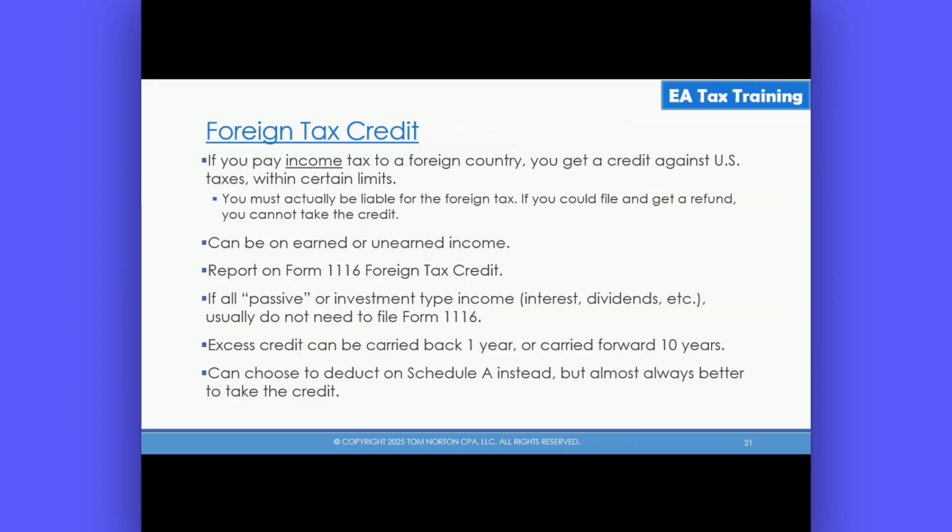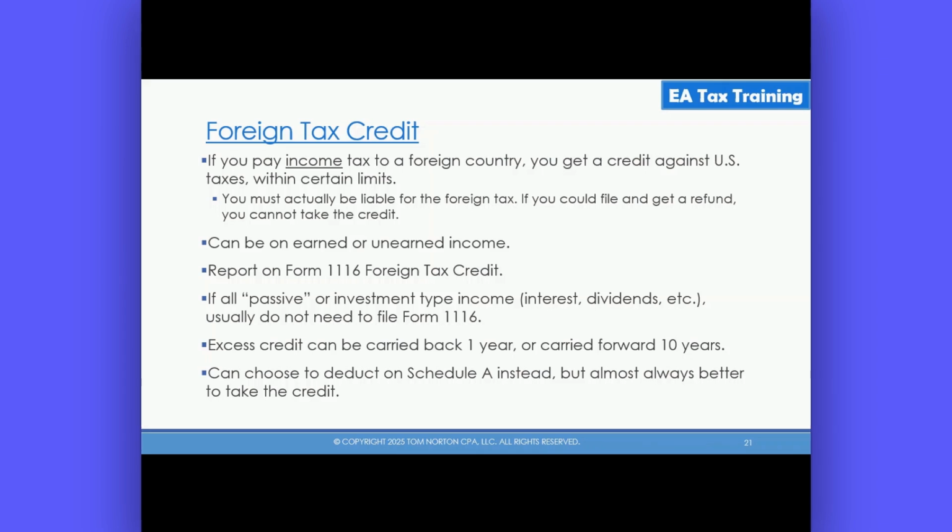The foreign tax credit can be used on both earned or unearned income. Remember, the exclusion is only for earned income, but the foreign tax credit you can take on earned or unearned income. And you cannot take the foreign tax credit on any amounts that you excluded on Form 2555.